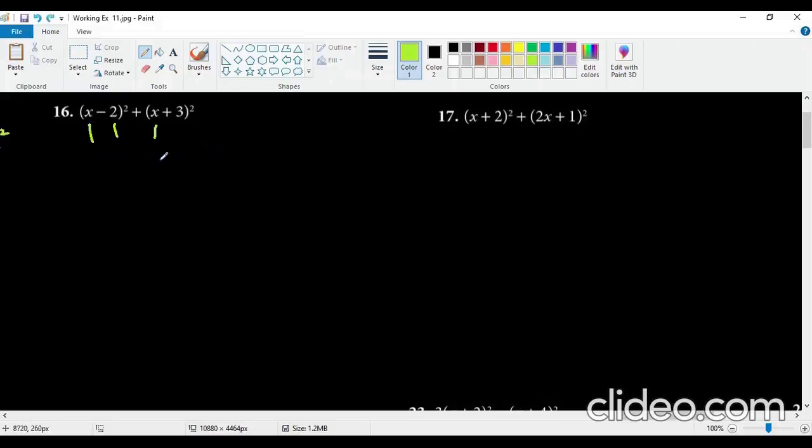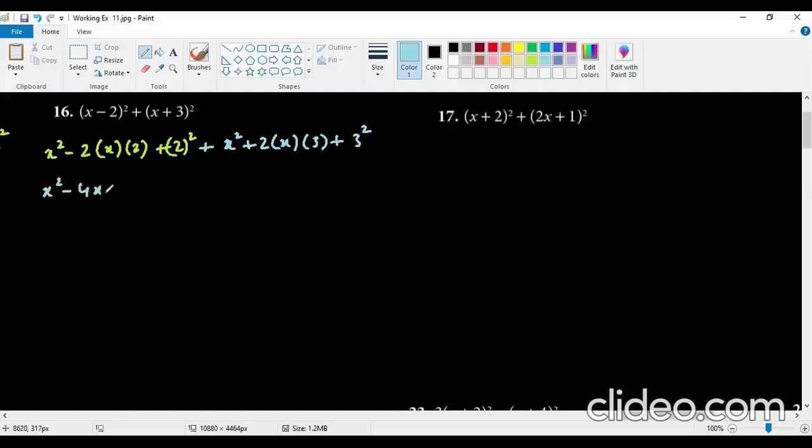Now I'm simplifying the first bracket, a square minus 2ab plus b square, plus I will use this plus sign now. Okay, so I'm writing this here, and the first value a square plus 2ab plus b square. So I will simplify this first, minus 4x plus 4, and now I'm using this bracket over here.